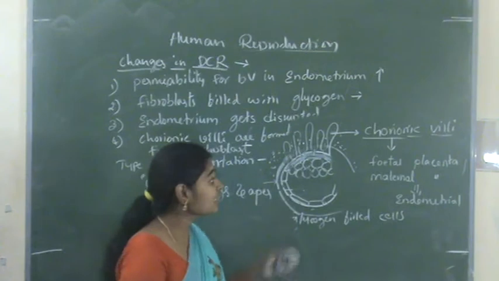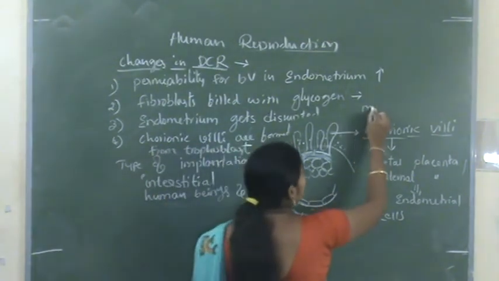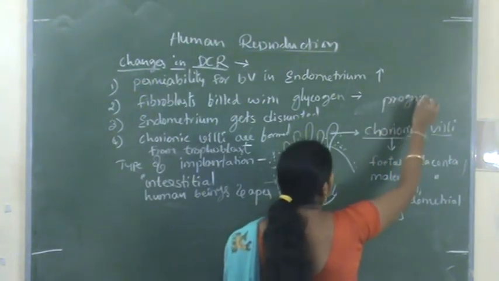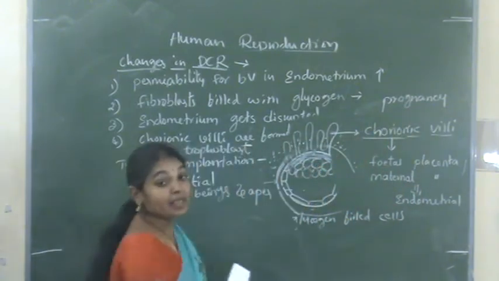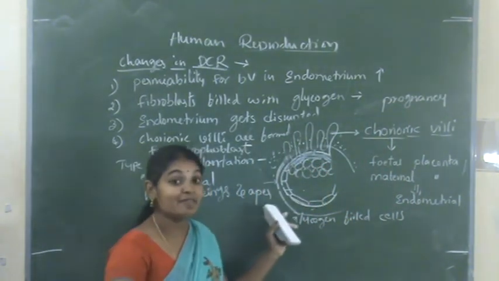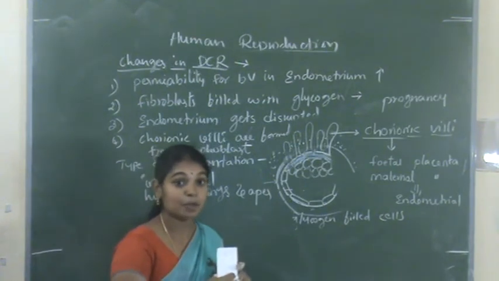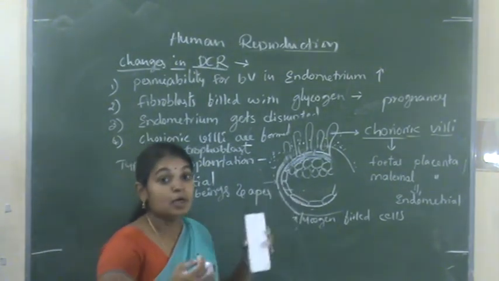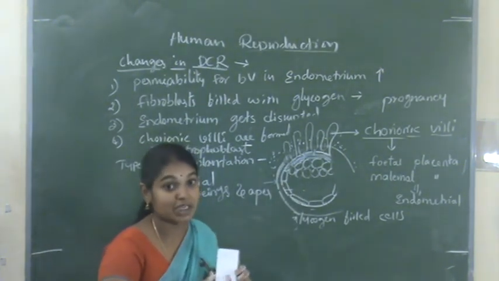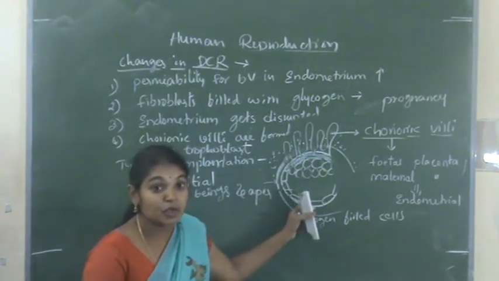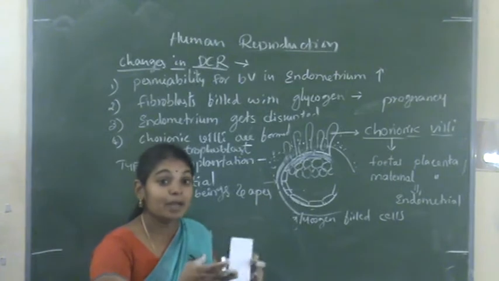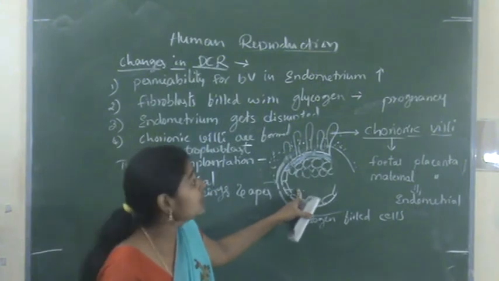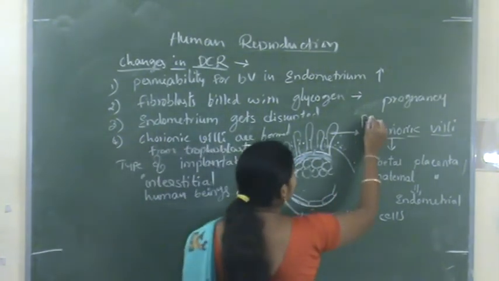Progesterone is very important for the maintenance of pregnancy, because it makes the endometrium suitable for the implantation process as well as for the developing embryo. For proper incorporation and position of the embryo within the uterus, the endometrium should be in proper thickness, and that maintenance is done only by the progesterone hormone.